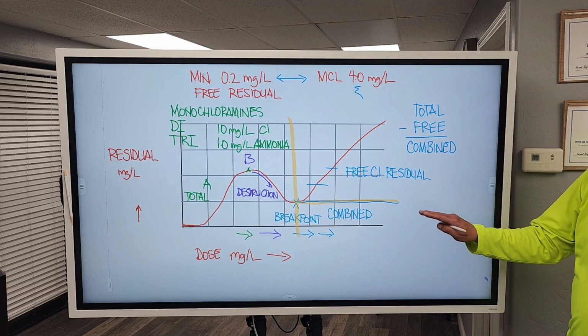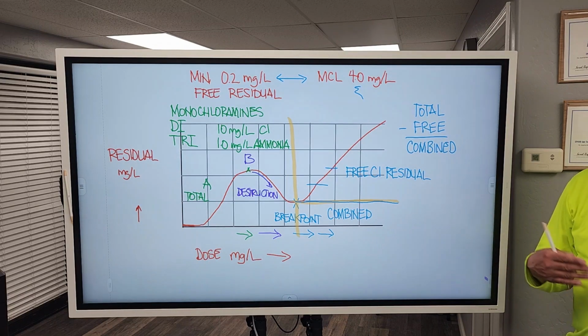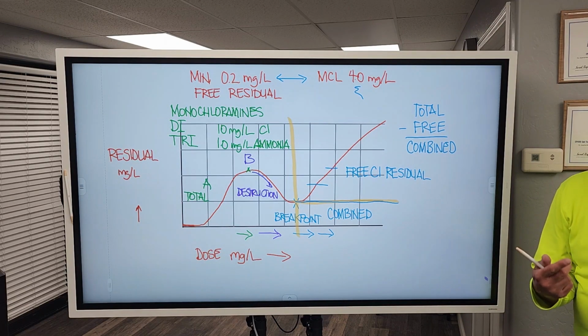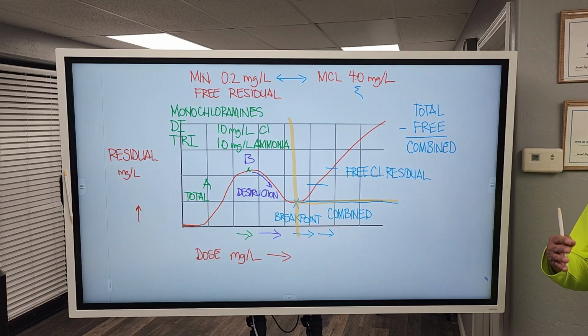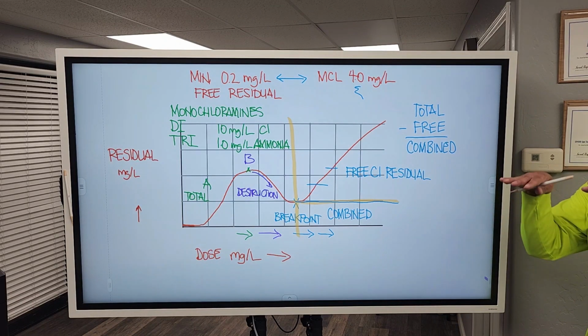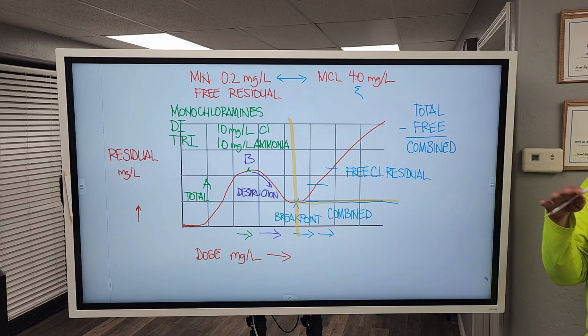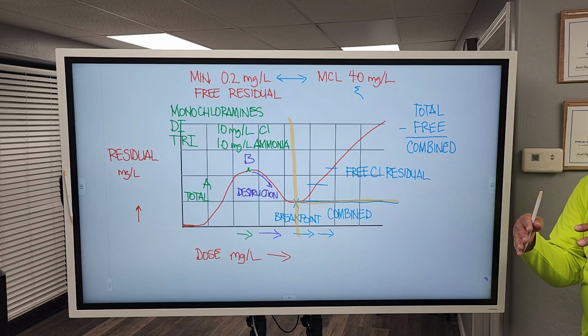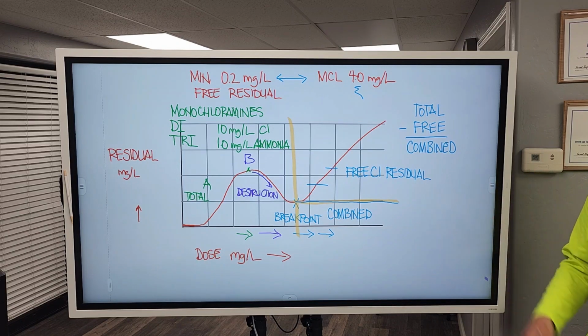These chloramines, as I was saying earlier, are a weak disinfectant, but they last a long time. We don't mind having those in the distribution going out there and interacting with anything that it wants to oxidize, to reduce it, kill it, destroy it, those types of things. All right?